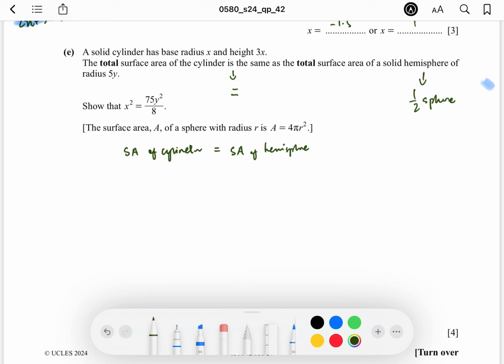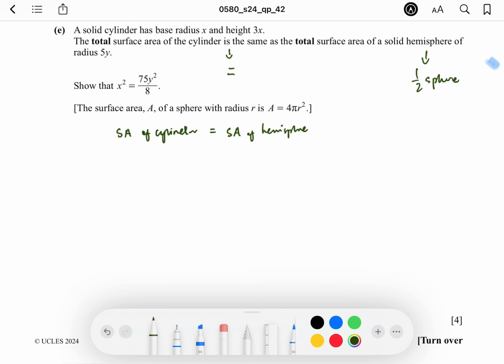Okay. So, show that. Okay, jawapannya sudah ada. So, what you need to do is find the surface area of a cylinder. Surface area, surface, bukan volume.